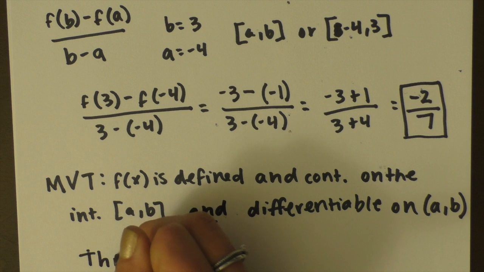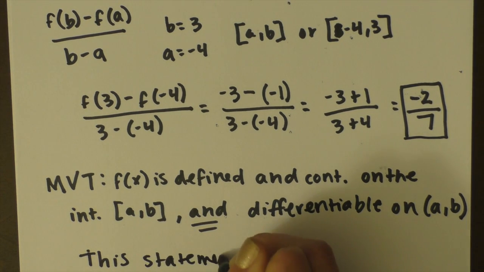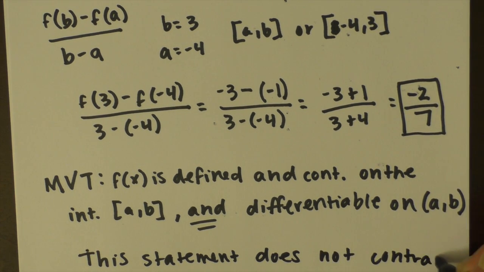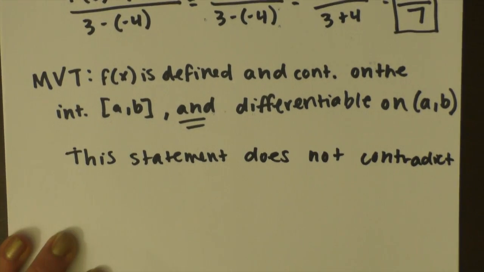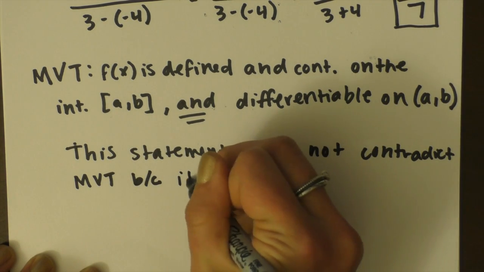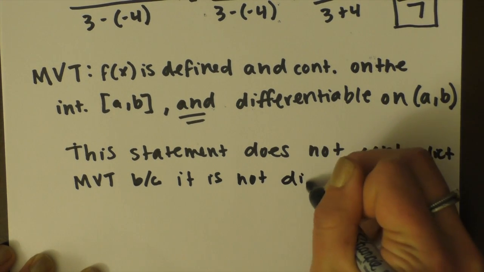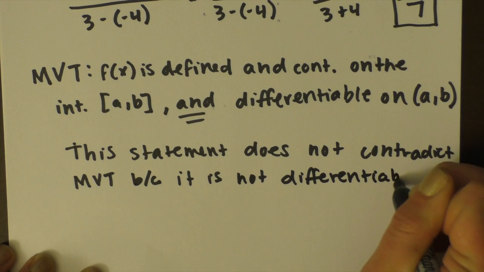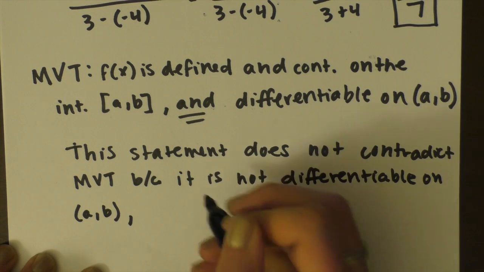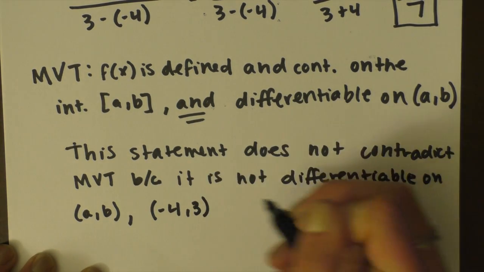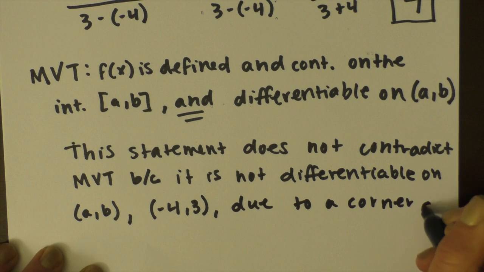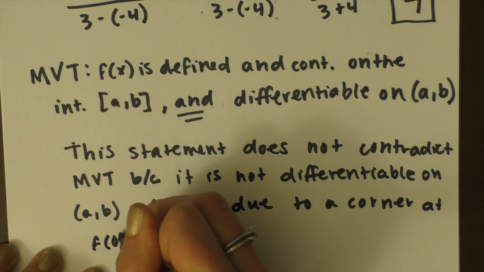That means this statement does not contradict the mean value theorem because f is not differentiable on the interval (a, b), or for our problem (-4, 3), due to a corner at x equals 0.